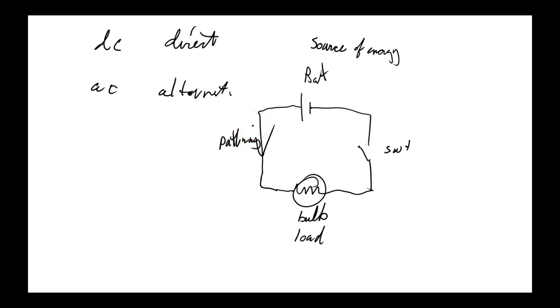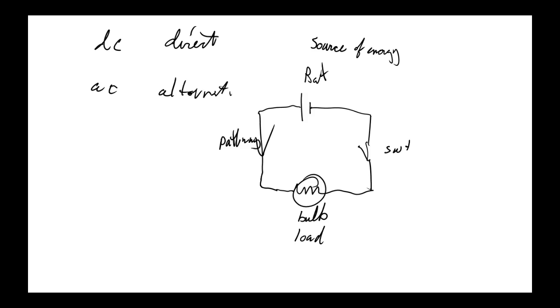You have to have a complete path for charges to move. If the switch is open, no pathway. Switch is closed, there is a pathway. So I'm going to close the switch. Now the charges move. So that's the three things. You need an energy source, you need a pathway, you need a load.